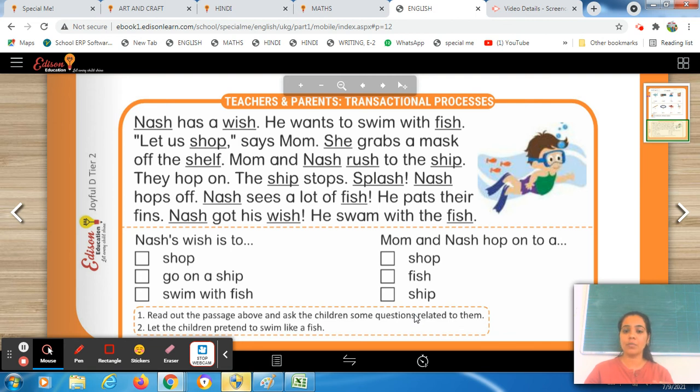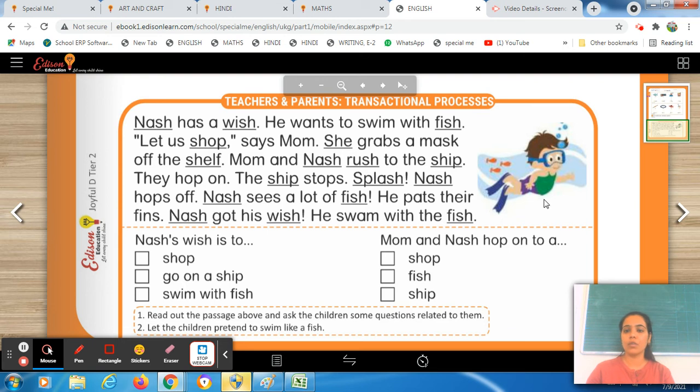So read it with full concentration. Okay. The next thing which you have to keep in mind, let the children pretend to swim like a fish. So first of all, we will read the whole passage, then we will come to understand the meaning of that passage, and while reading that passage you can also pretend how a fish swims.